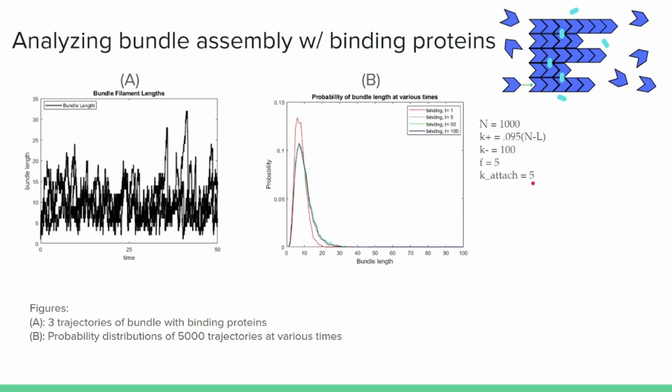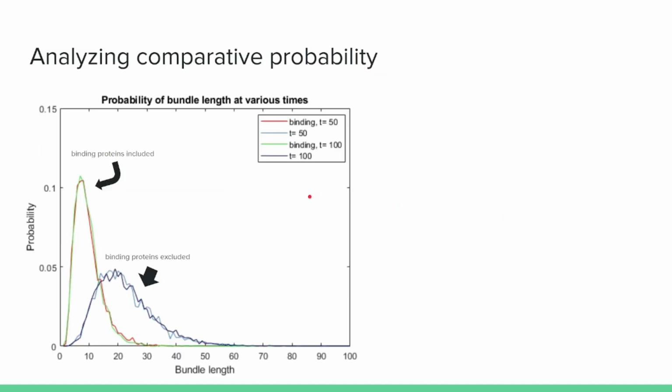Although the bundle length is smaller at steady state when compared to the bundle without binding proteins. We can see that in the comparative probability. The red and green peaks right here are binding proteins at T equals 50 and T equals 100, and the standard bundle length without binding proteins is here in the blue and dark purple at 50 and 100 as well.